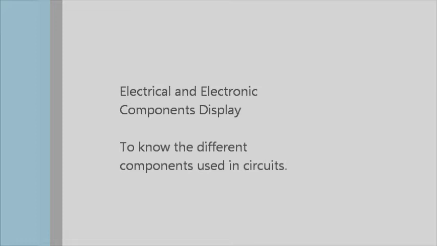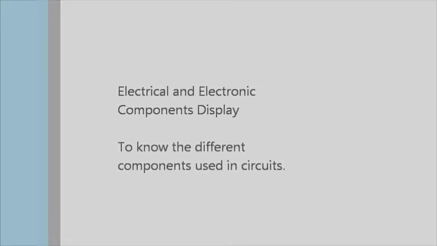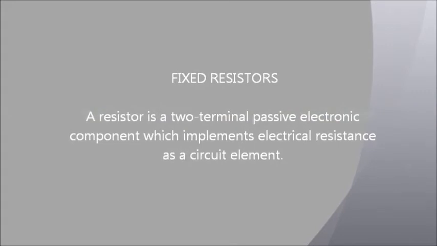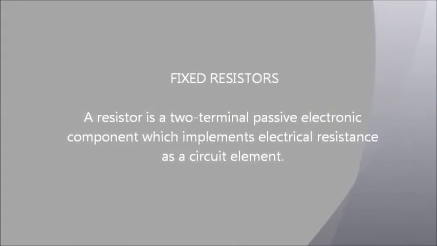The objective of this project is to know the different components used in circuits, and some of these are fixed resistors. A resistor is a two-terminal passive electronic component which implements electrical resistance as a circuit element.